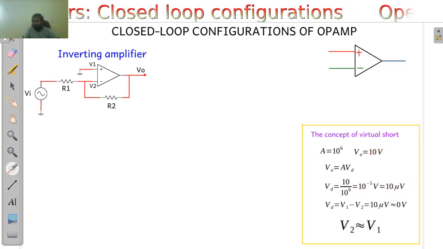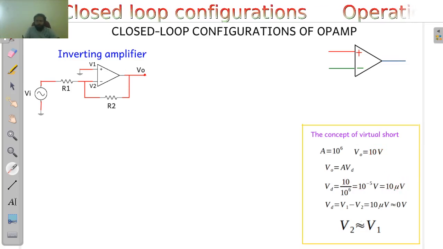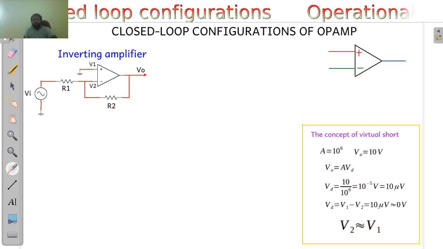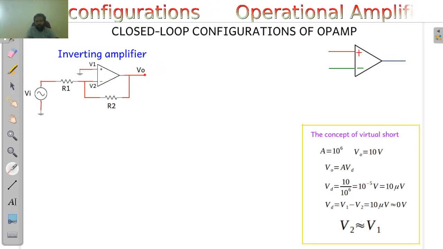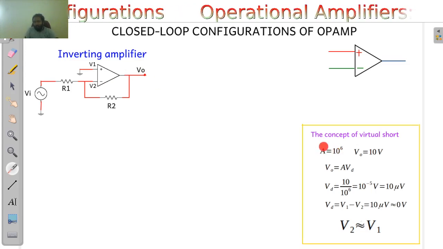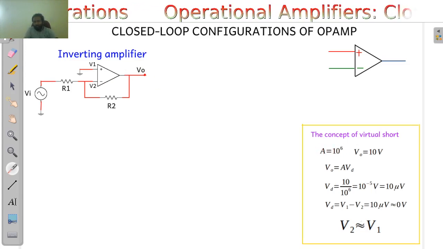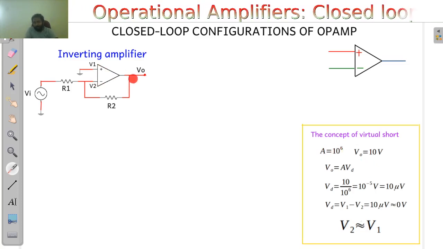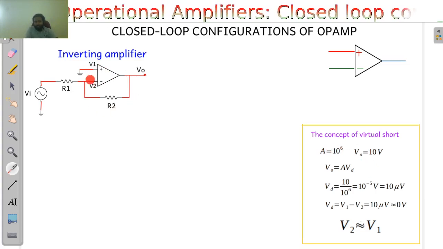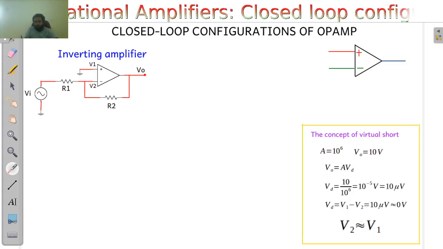It is a very feeble voltage. So this differential voltage is the reason why we are getting 10 volt here, and if the operational amplifier's gain is 10 raised to 6, it will adjust the output voltage in such a way that the voltage at these two points becomes the same.